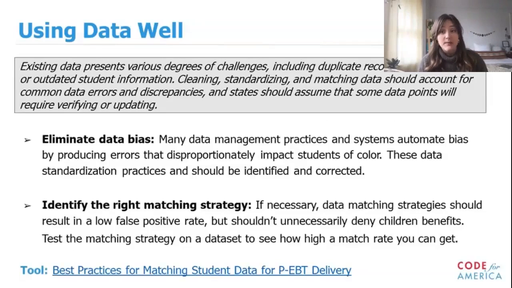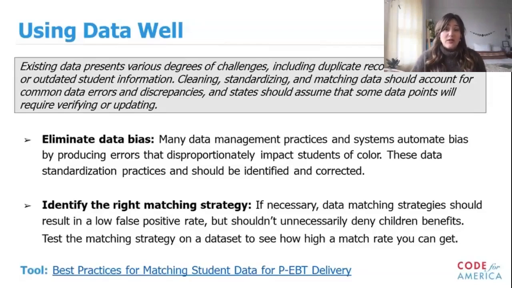But it's critical to make sure that these strategies that you use account for common data discrepancies and honest errors that pop up in this data all the time. For example, we've noticed it's really common for school data sets to transpose a kid's last and middle name, or include nicknames versus full names in some places and not others.